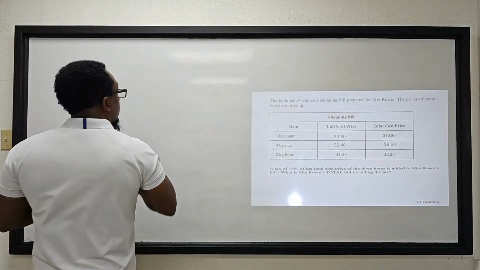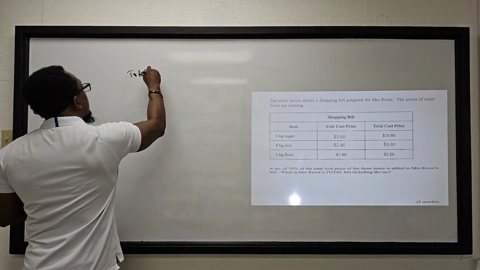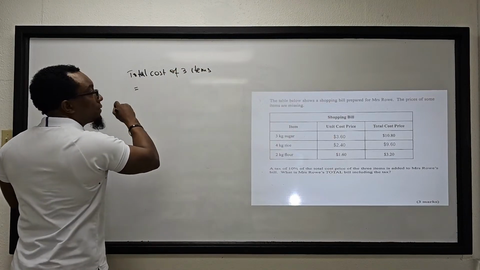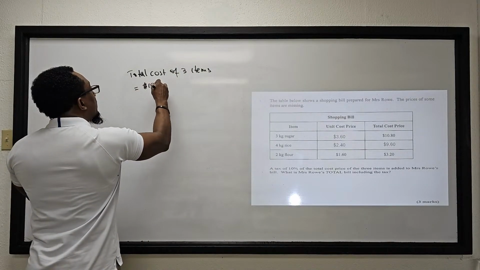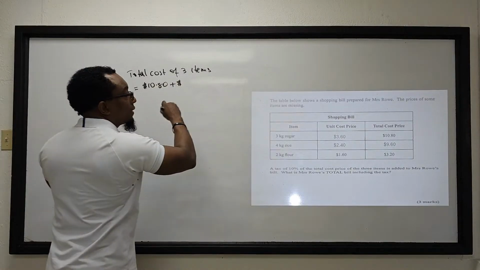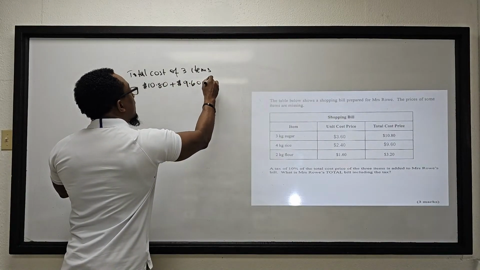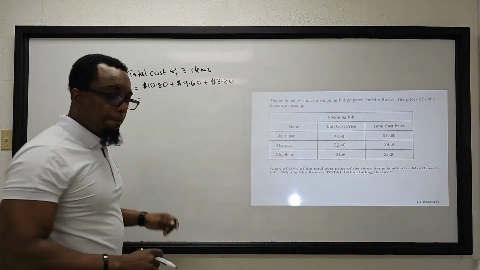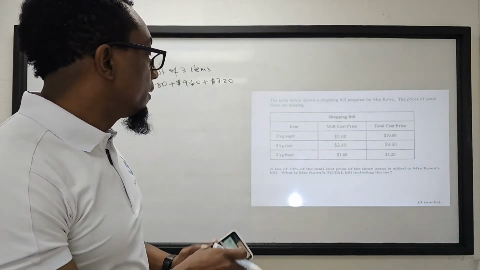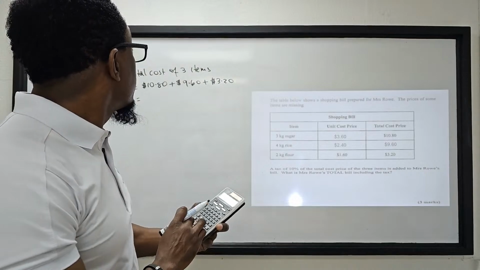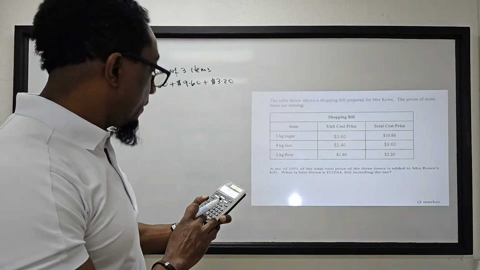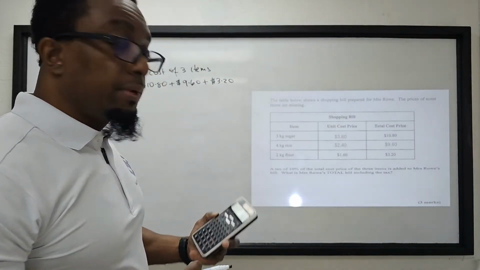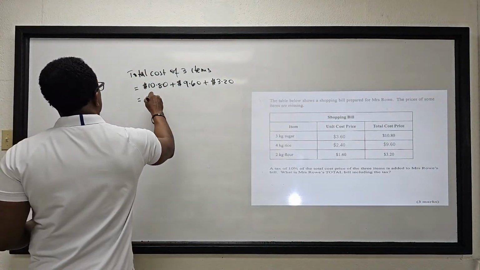So total cost of 3 items will be equal to $10.80 plus $9.60 plus $3.20. When we add those, 1080 plus 960 plus 320, we get $23.60.